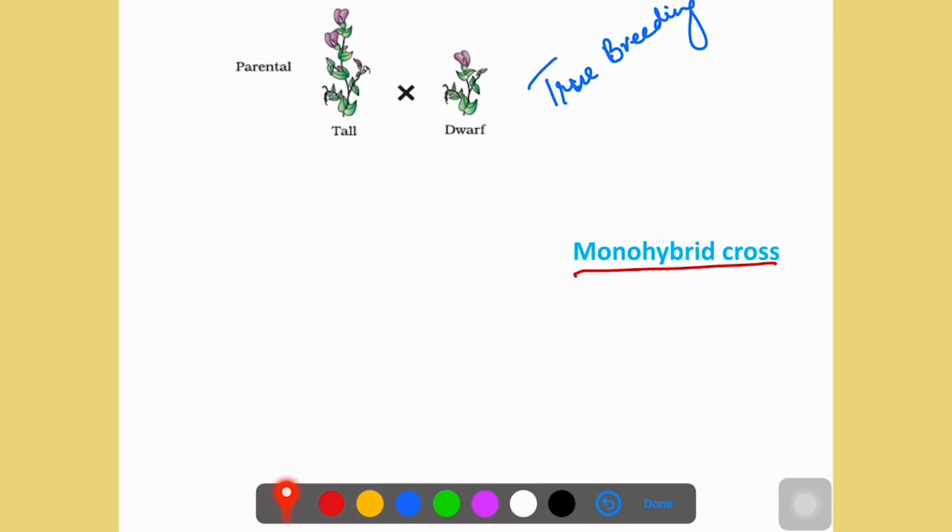True breeding plants simply means those plants which produce offspring with the same character as them. In other words, the tall pea plant upon self-pollination will produce only tall offspring, and the dwarf plant over here upon self-pollination will produce only dwarf pea plants. So that's the meaning of true breeding.